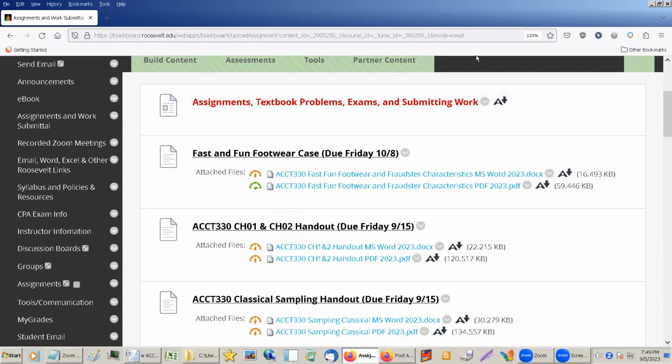The only one you can't do that with is exams. But if you finish up the classical sampling handout and you think, okay, I think this is right, turn it in. And even if it isn't right, you can always go back and resubmit it.